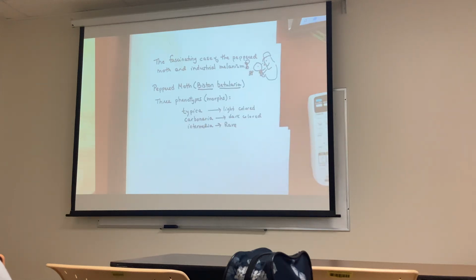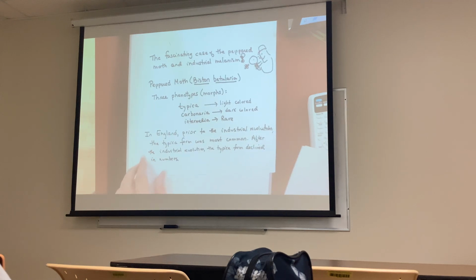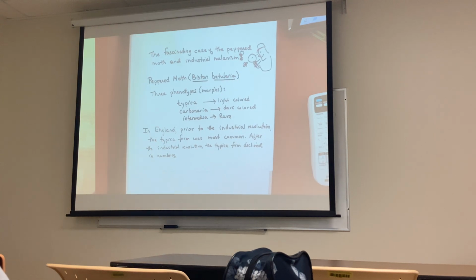So what happened? In England, prior to the Industrial Revolution, and the Industrial Revolution was when they got steam engines and all these machines and started burning coal to make things happen, and textiles, all sorts of stuff.